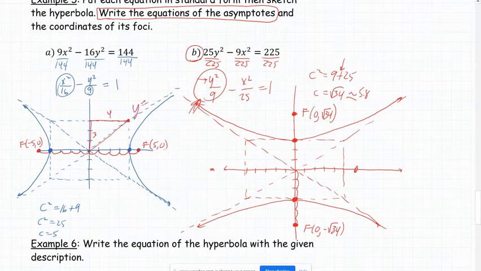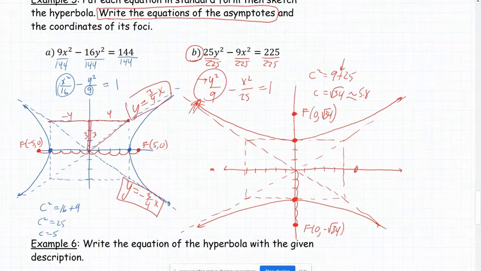So the equation of this asymptote is y equals 3/4 x. This other asymptote, we're going up 3 again, but we're going backwards 4. And so rise over run is going to be y equals negative 3/4 x. So those are the two equations for the asymptotes.